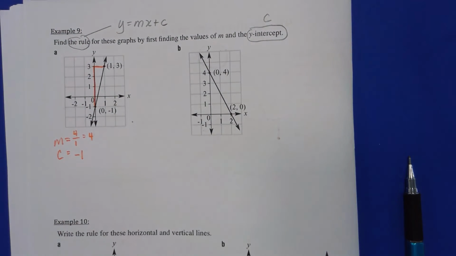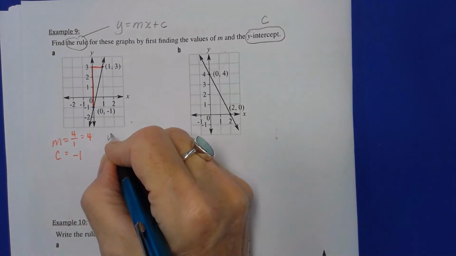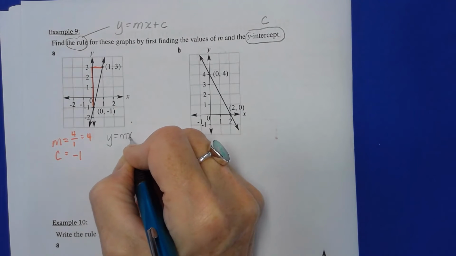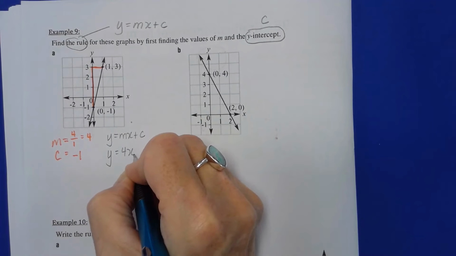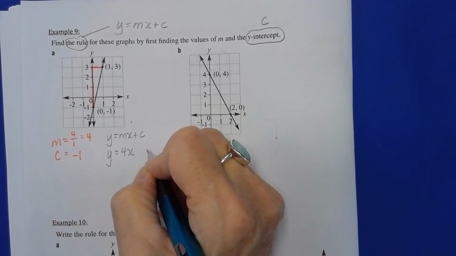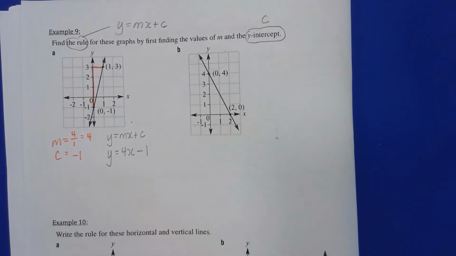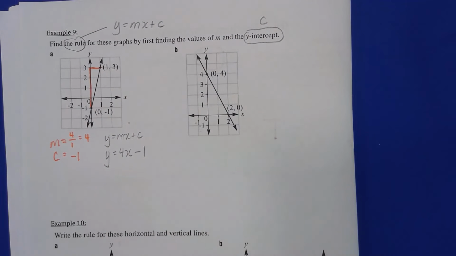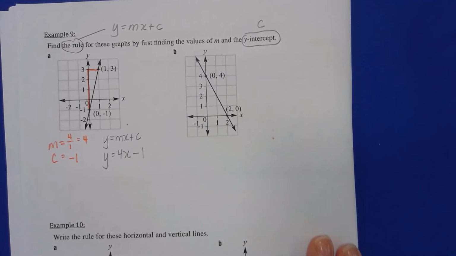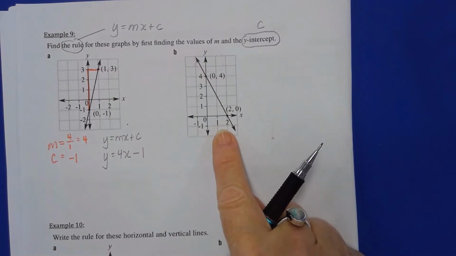Okay? So I write my line, y equals mx plus c. So y equals 4x, I could put plus -1, but I'm just going to put -1. You could put plus -1, but that would be moderately silly. Cool?